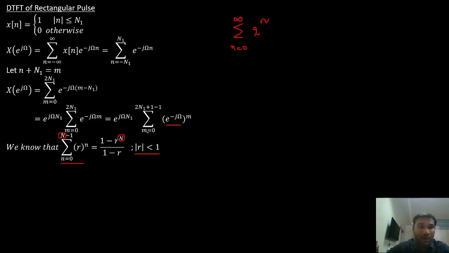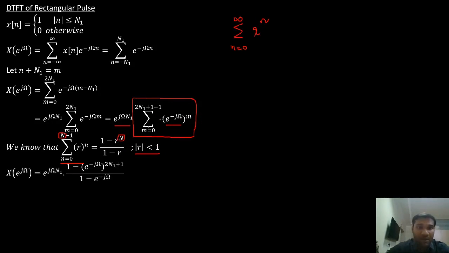So what I can write now, my X of e power j omega, is going to be e power j omega n1, this is the constant, and this term can be written as 1 minus e power minus j omega power capital N, where capital N is nothing but 2n1 plus 1, divided by 1 minus e power minus j omega.